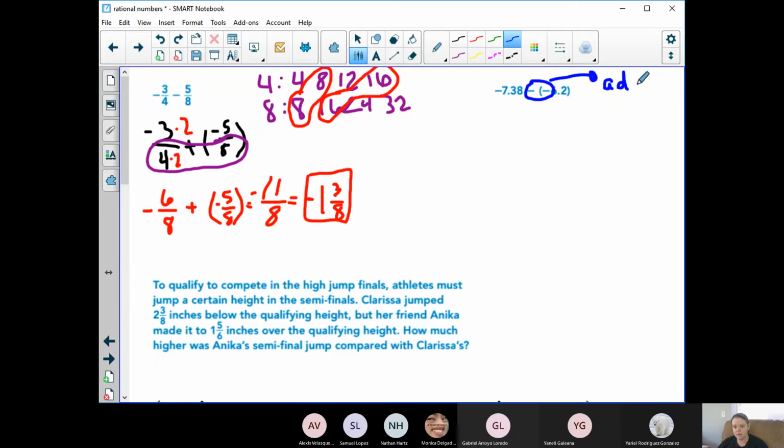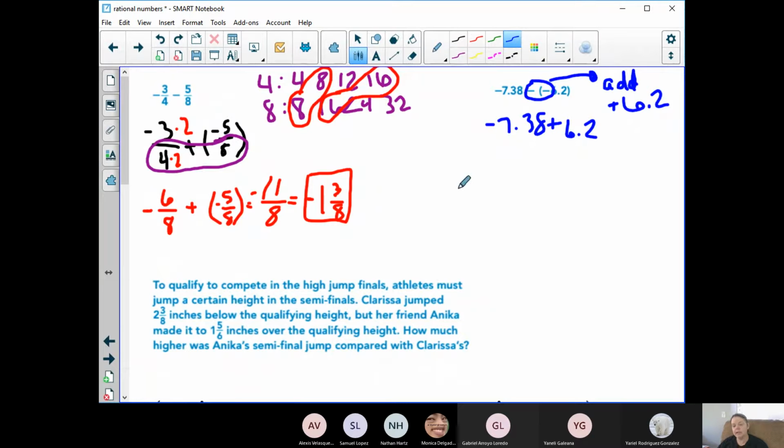So we're going to add positive 6.2 because two negatives make a positive. So -7.38 plus 6.2. Two negatives make a positive, so now we have a positive 6.2.